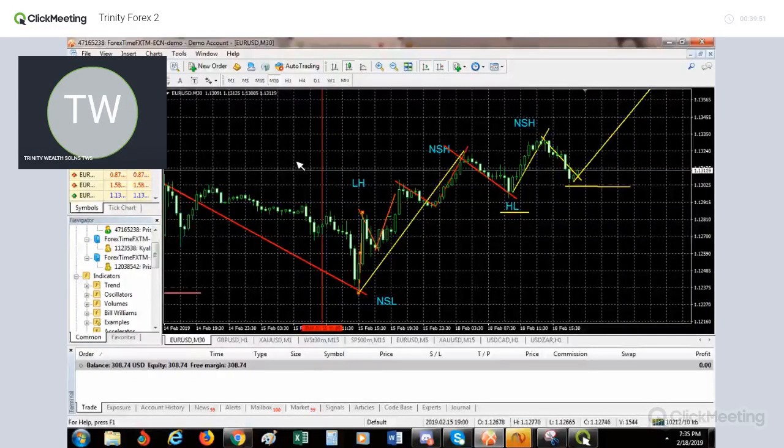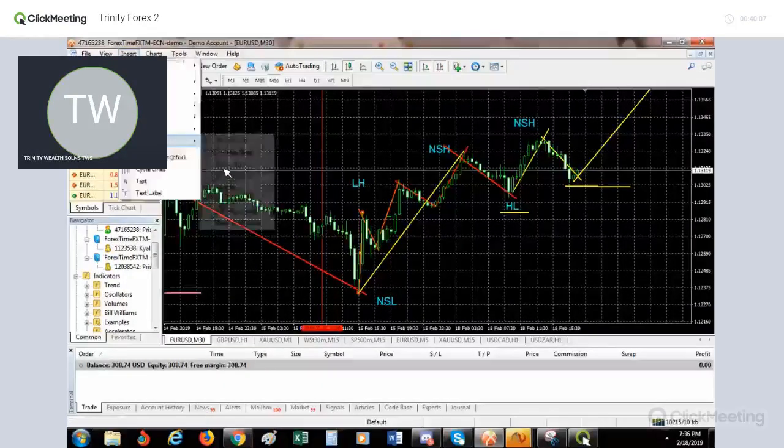But you can see the minor swings are also inclined to the main swing. So you can decide to work on the main swing only, the yellow lines, or you trade the minor swings.